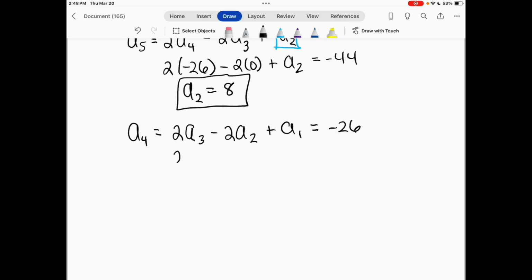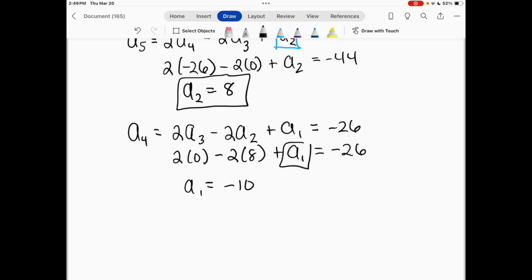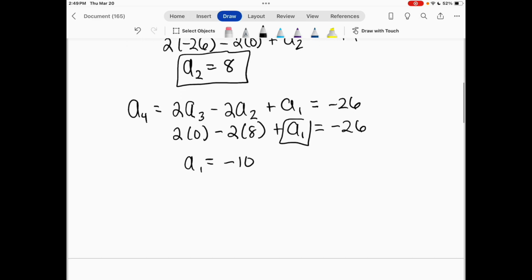So I'm going to plug all that information in. So I have 2 times a3, which we said was 0, minus 2 times a2, which we know is 8, plus a1 is equal to negative 26. So I have everything I need to solve for a1. And when I do that, I get that a1 is equal to negative 10.